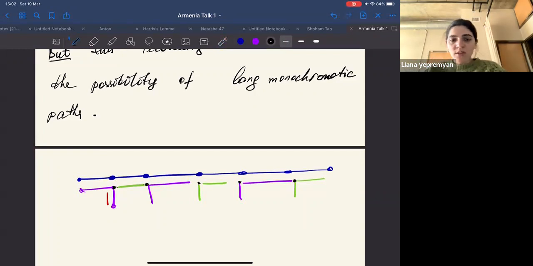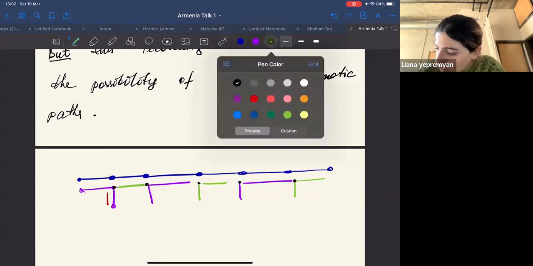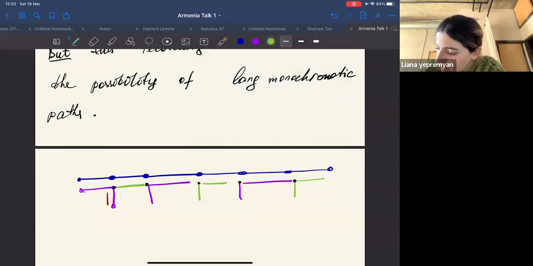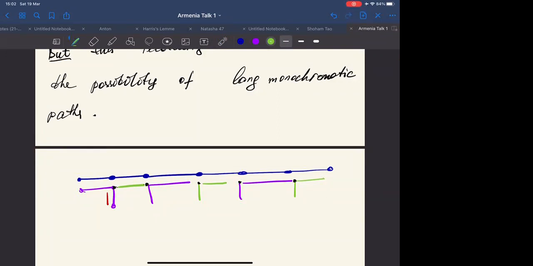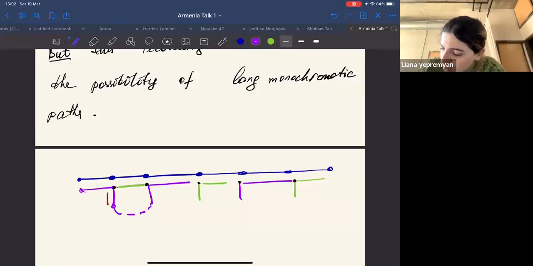Of course, some of these events are not necessarily independent. It's possible that some of these paths, not many of them since they are short, can be the same.